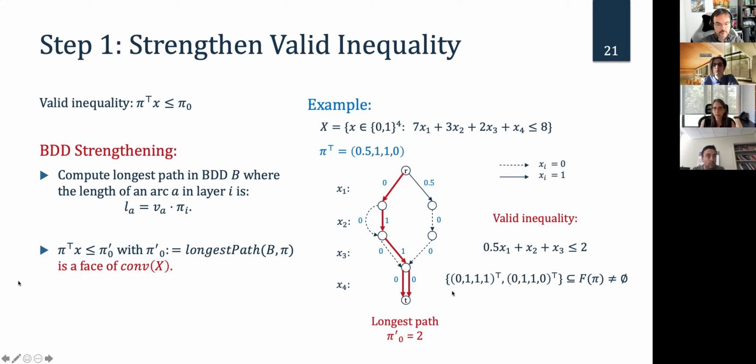And the nice thing here, and this is going to be important, is that there are two paths that get value of 2. These 2 paths represent 2 points that are actually going to be part of the phase of the constraint that we get. So we're going to use this a lot for our theoretical results.